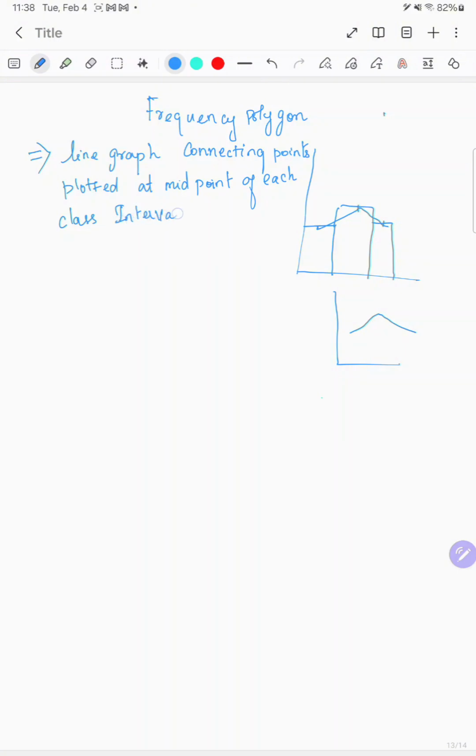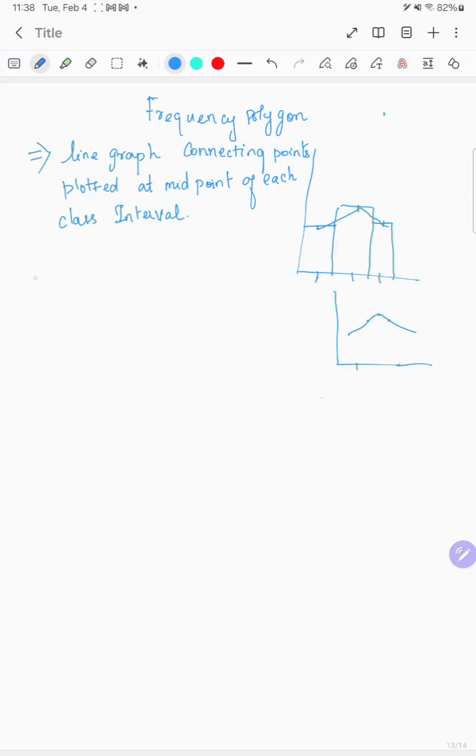This is the center of this class interval. At each center the point connects and then goes through it. If you want to remember, I'll make it clear: first interval midpoint, second interval midpoint. Here points will be there, and it will proceed.